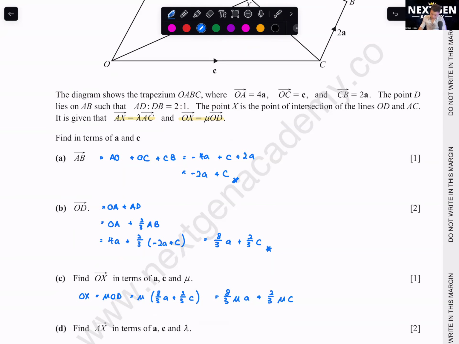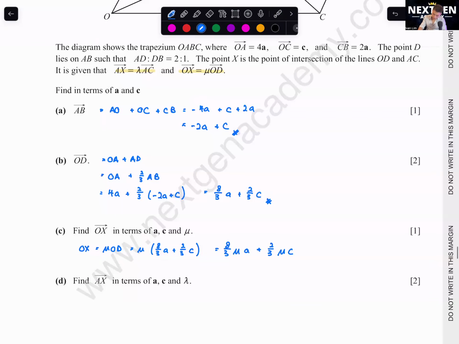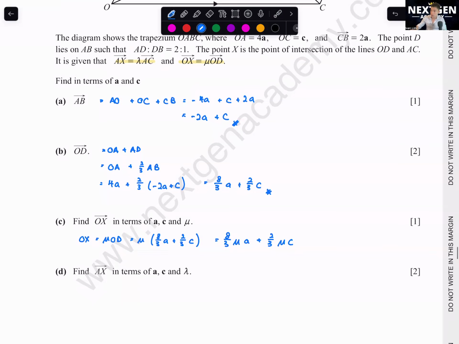Okay, then next one, AX in terms of AC and lambda. We have been given AX equals lambda AC. What is AC? Let's look into the diagram and get AC. AO plus OC.